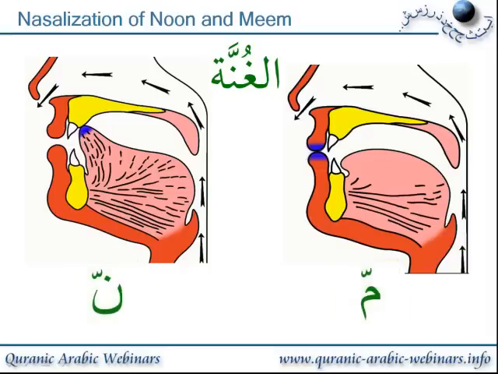And all we're trying to indicate here is that whenever Meem carries the shadda or Noon carries the shadda, they will always be done with this nasalization, i.e. you're going to make the sound in your nose. And the diagrams are showing you that the makharij is exactly the same.